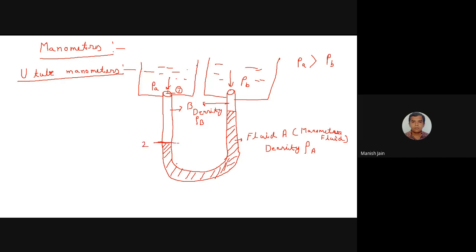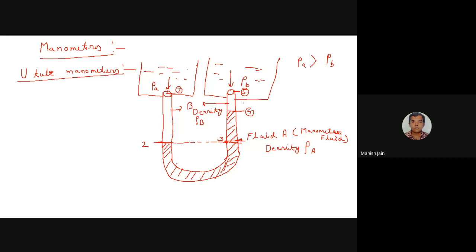And if you take the horizontal line, this point is 3, this is point 4, and at the end here you have point 5. So you have the different points: this is point 1, this is point 2, this is point 3, this is point 4, this is point 5.